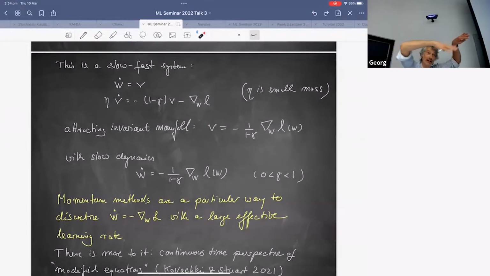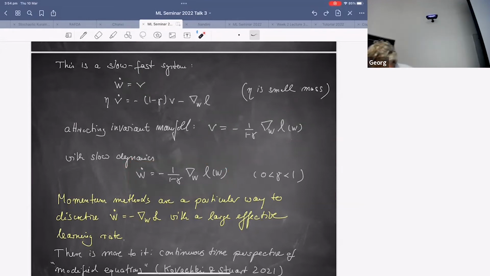And you have now slow dynamics on this manifold that is approximated by that relationship here. So now I want to know what's the slow dynamics on this manifold. Well, I just insert my manifold solution of v into the equation for w. So I insert this here into here, and I end up with this equation.